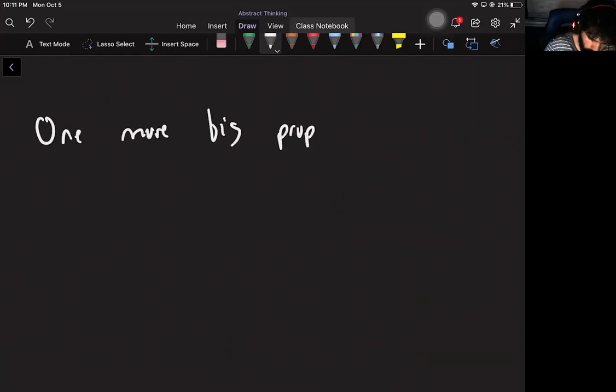Okay, so let's see. One more big property. So we answered when do inverses exist? How do you find them sometimes? And now we'll think of properties of inverses. So this is a cool one.